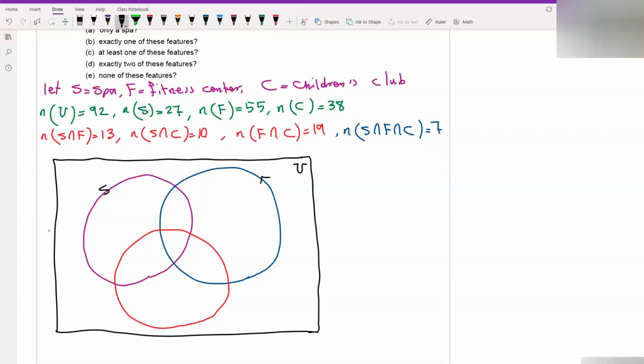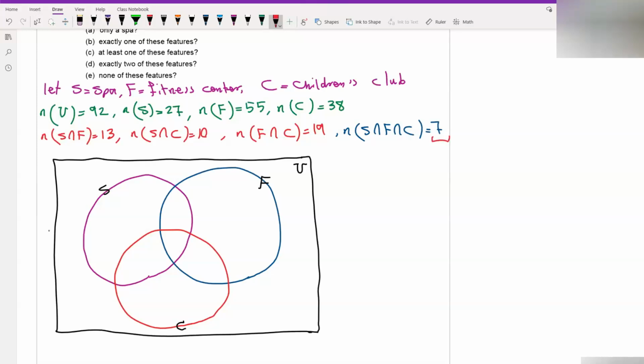This one is spa, this one is fitness center, and here is children's club. First, we have to start with what we have in common between 3 sets.